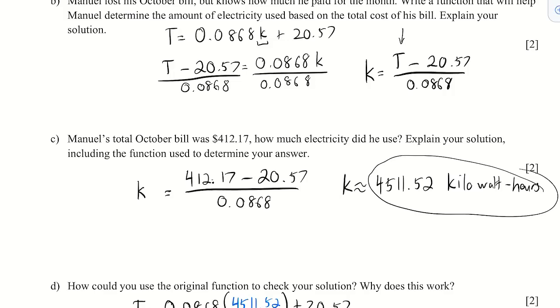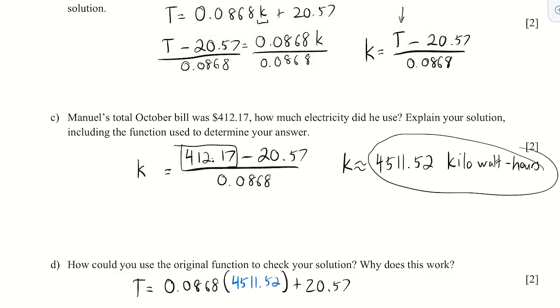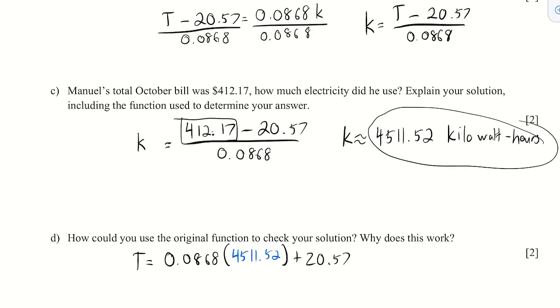Now I'm hoping to get what value? Hopefully I'm going to get 412.17 from there, and so I end up getting a total that is equal to $412.17.